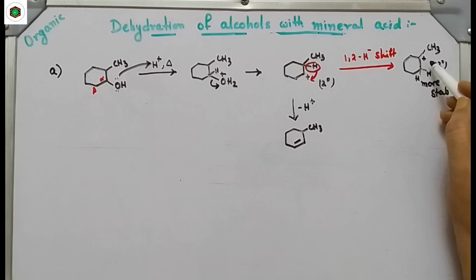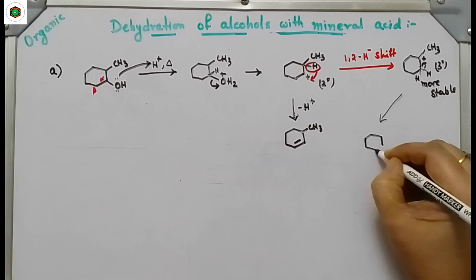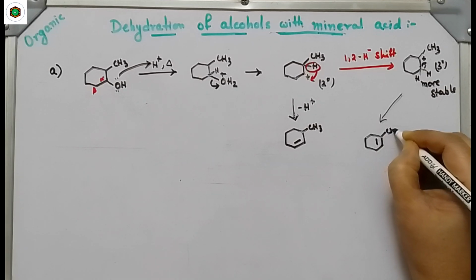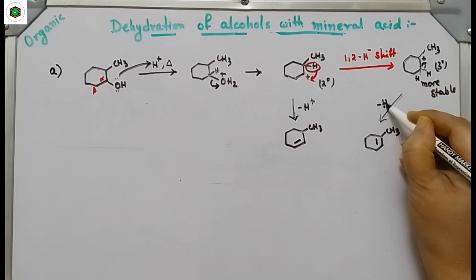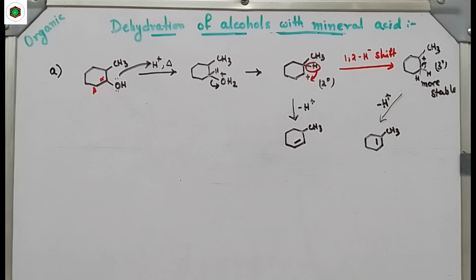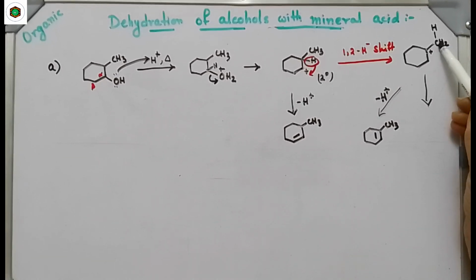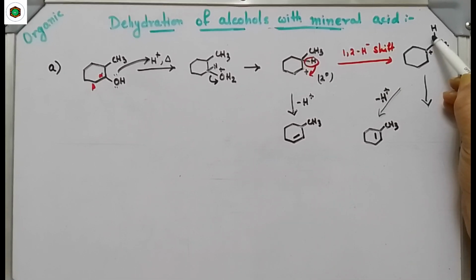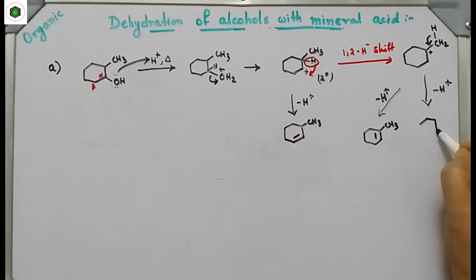So here this hydrogen you can eliminate and we can get this product, this alkene, by removal of this H plus. Another thing you can do with respect to this positive charge: the adjacent carbon atom has hydrogen attached, so that hydrogen can be removed as H plus and we can get this product.